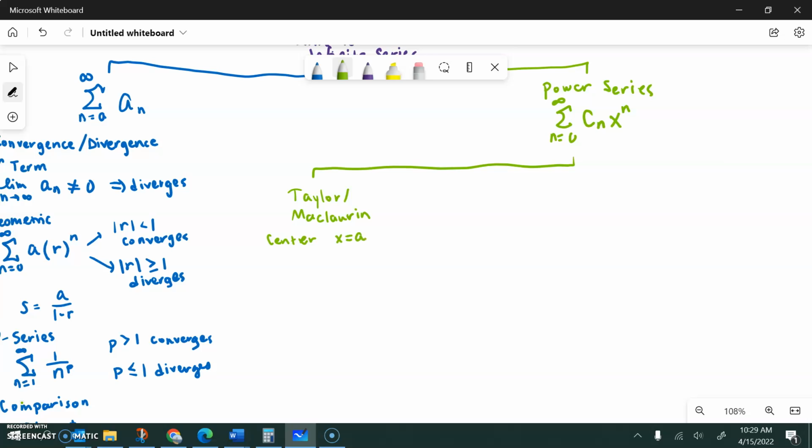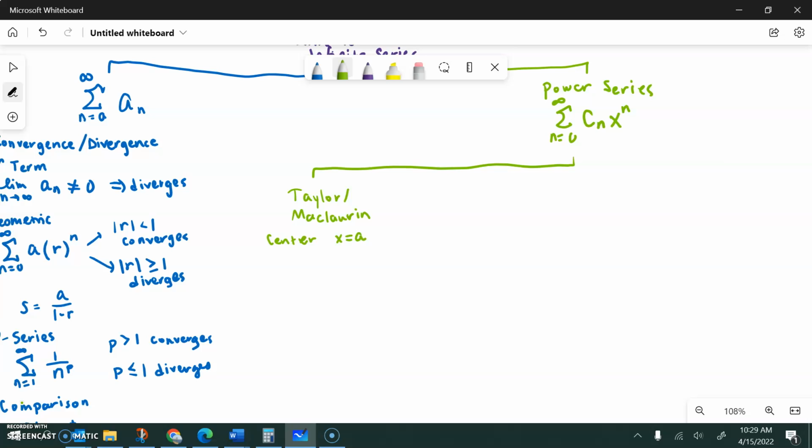At that point, our series should have the same first derivative, second derivative, third derivative, as far out as we choose to go. And at that point, the function should also have the same value as our series at x equals a.